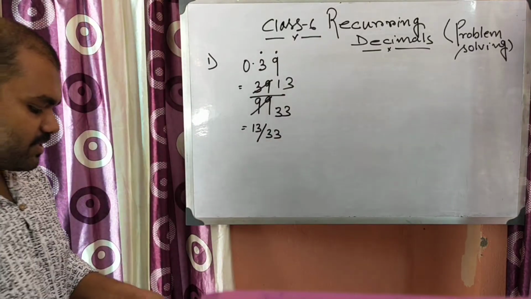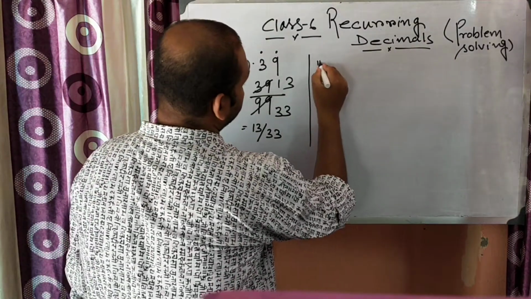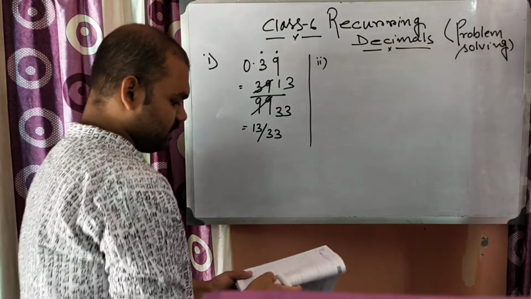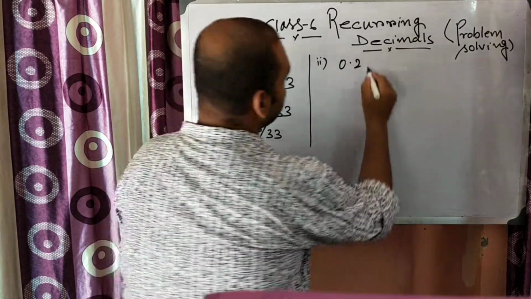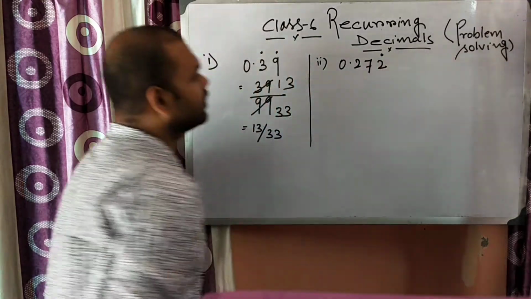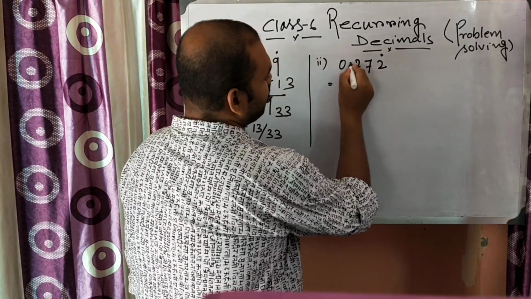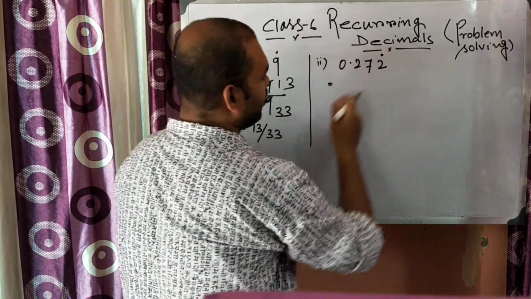Next, for number 2, we need to write 0.272 recurring. Whether it is mixed or pure, it is mixed. Why? Because after the decimal the recurring digit is not there. This is non-recurring because no recurring point is there.